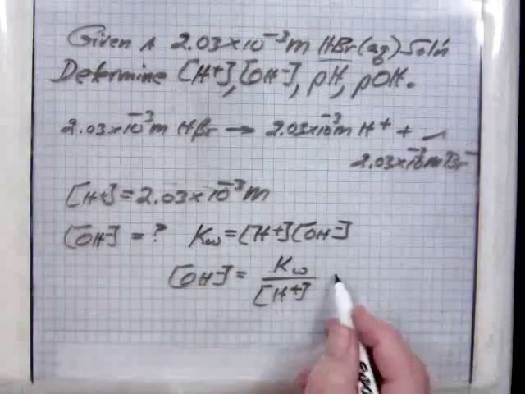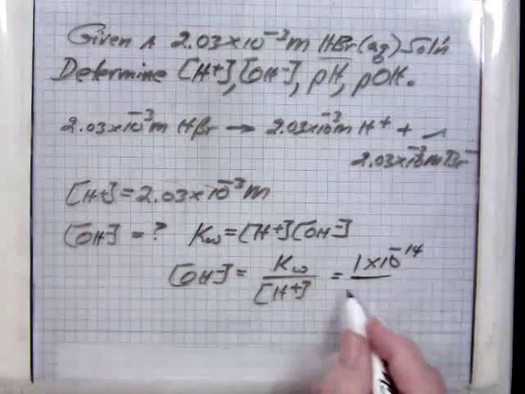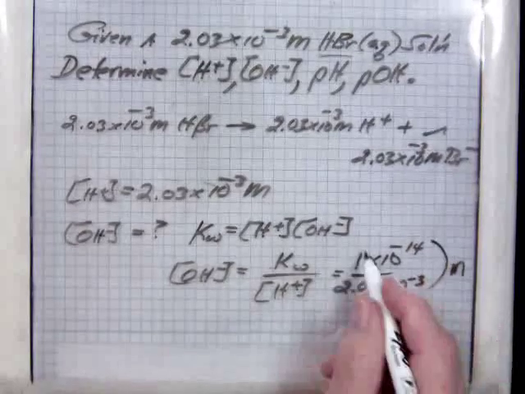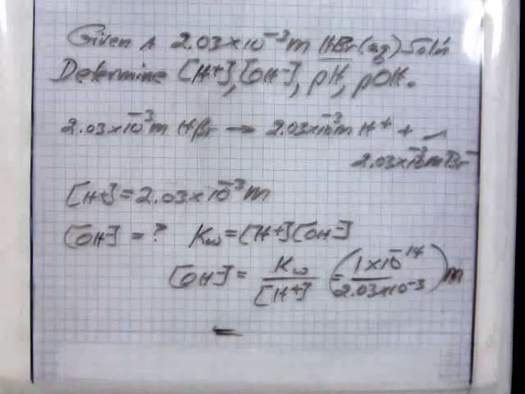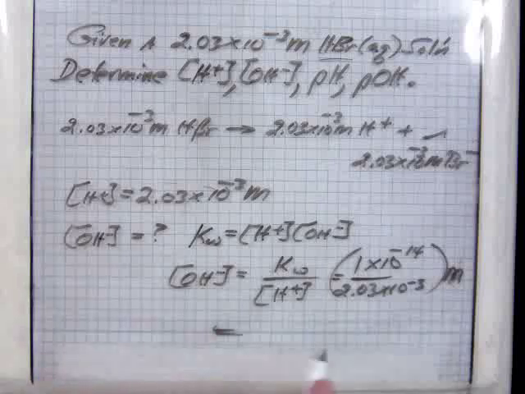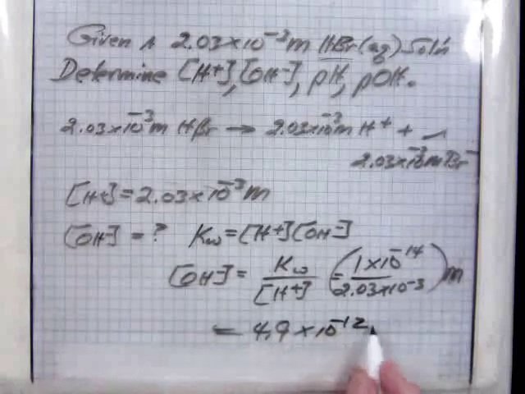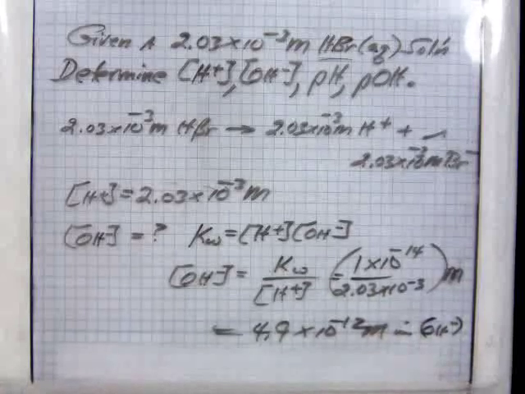And of course that is 1 times 10 to the minus 14 over 2.03 times 10 to the minus 3. Everything comes out in moles per liter. And so I get 4.9 times 10 to the minus 12 molar in hydroxide ions.